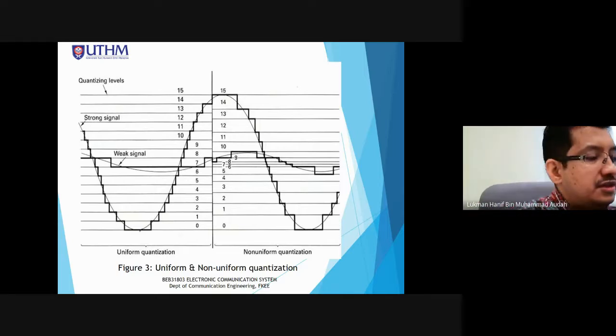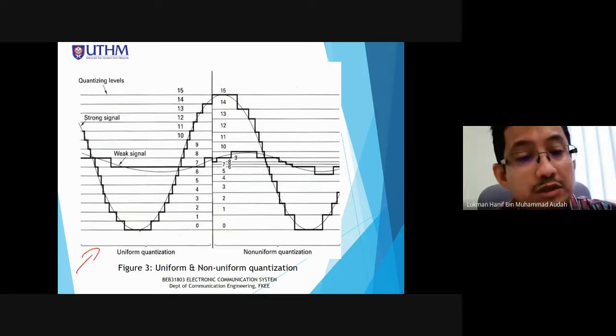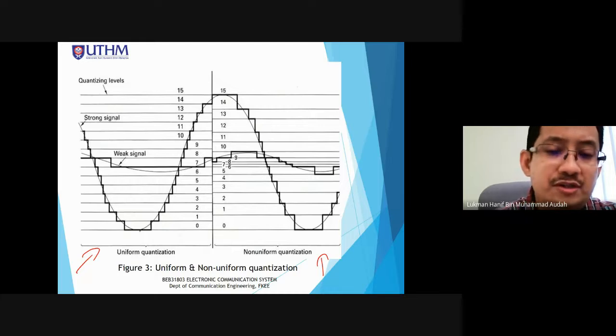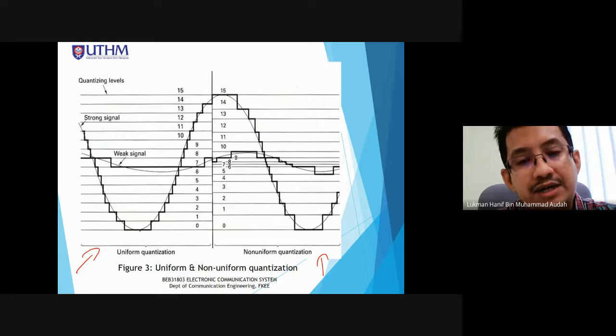Dan gambar rajah di sebelah kanan, dia adalah non-uniform quantization, yang mana quantization level itu adaptive terhadap perubahan daripada input. Untuk input yang mengalami perubahan yang besar, maka step size-nya adalah besar.